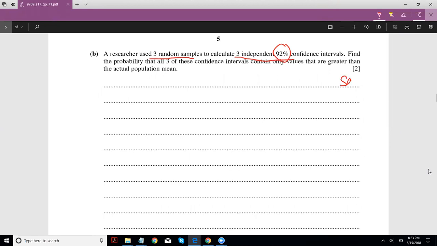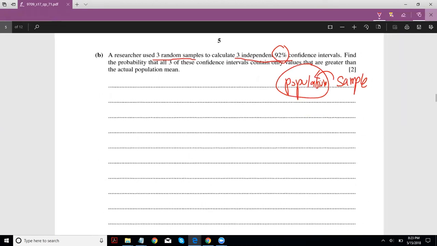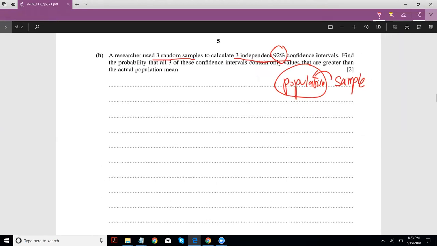When we go from our sample to our population, we obviously used unbiased estimators to get our mean and our variance there.